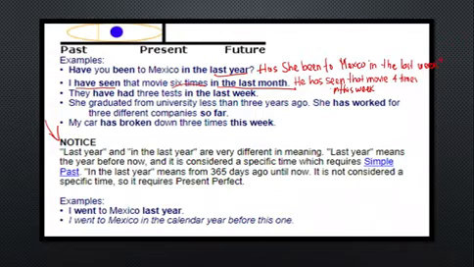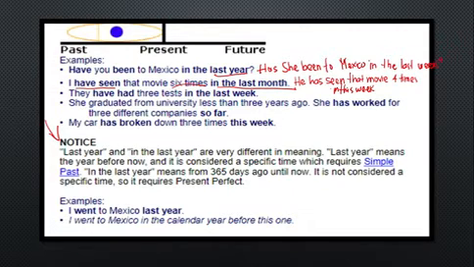Decir en el año pasado significa el año antes que ahora. Esto es considerado como el tiempo específico que requiere el pasado simple, que no es lo mismo que el presente perfecto. ¿Okay? Por ejemplo, in the last year significa que de los 365 días a partir de hoy hacia atrás, eso es in the last year, ¿ok?